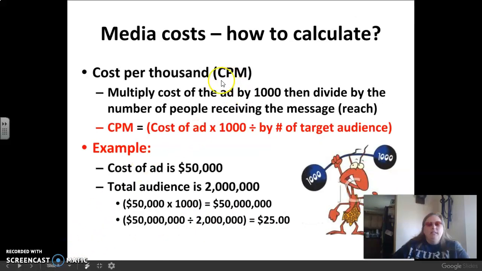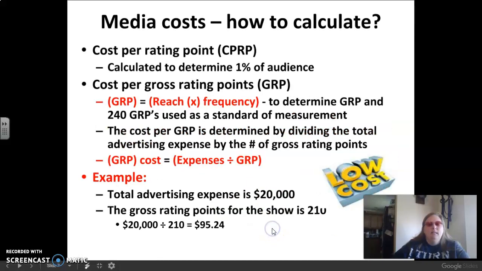So this is going to teach you about the CPM, which is cost of the ad by thousandths. You have the cost of the ad times 1,000 divided by the number of target audience, and that gets you your CPM number. Then you have your CPRP and your GRP.